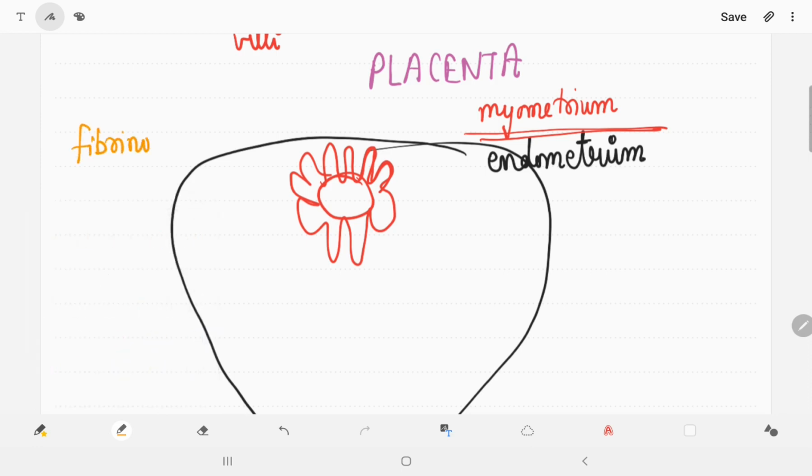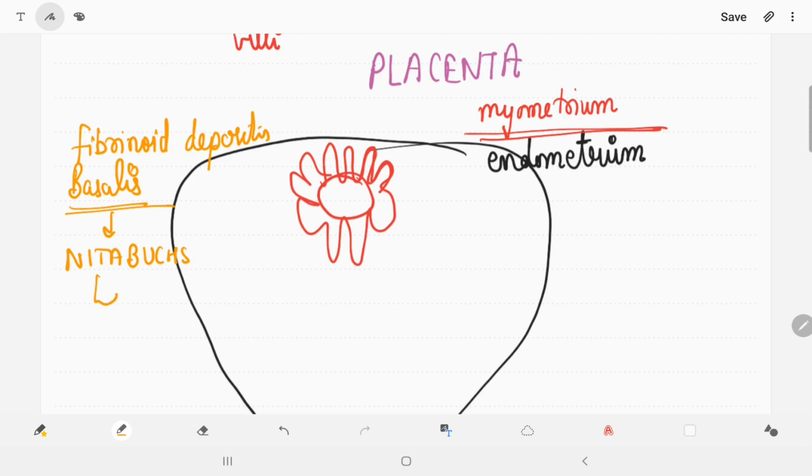Fibrinoid deposits in the basalis layer, which I told you earlier, right? The innermost layer of the endometrium. The basalis layer, there are fibrinoid deposits which will prevent the further invasion of the placenta into the myometrium. So what is this layer known as? This is known as the Nitabuch layer, right? Just remember it.